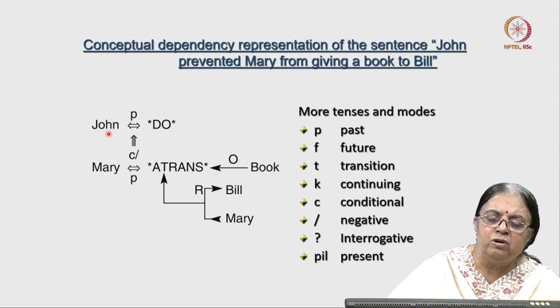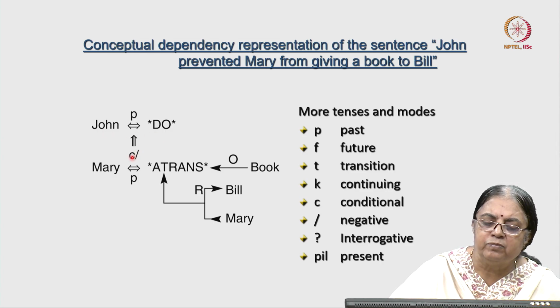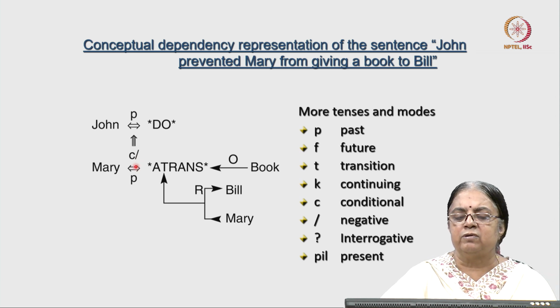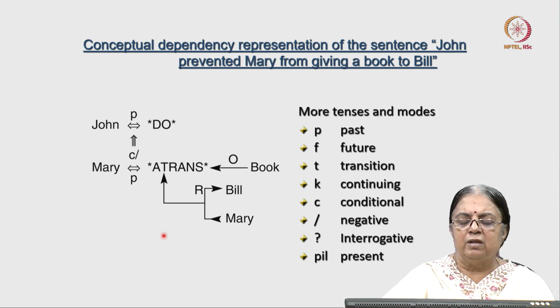So, what did John do? He prevented Mary from giving the book from Mary to Bill. The object is the book. So, the basic thing here is this negation that you have here and the conditional basically.